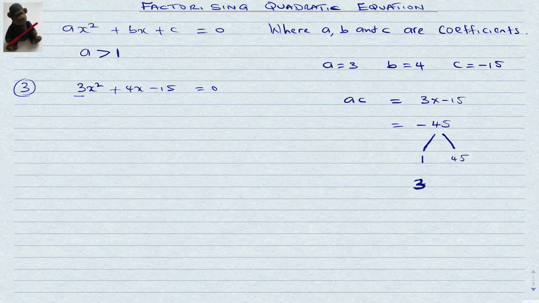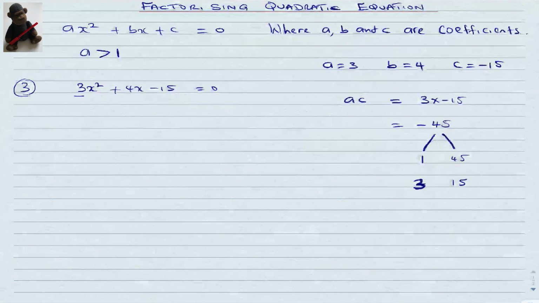So 3 and 15. In this case, 3 and 15 will not work because 3 plus 15 is 18 and 15 minus 3 is 12. We need to try 4. 45 for 4 would not work, so we have to try 5.